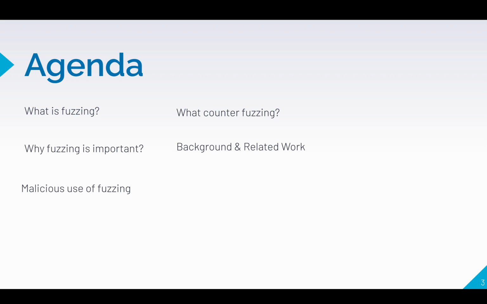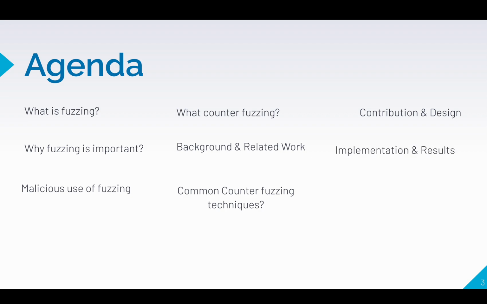First, we're gonna start with what fuzzing is and the definition of fuzzing, and then why fuzzing is important, and then what some malicious use cases of fuzzing are, and then we're gonna dive deeper into counter fuzzing and some background and related work regarding counter fuzzing techniques, and then we're gonna talk about some available architecture for counter fuzzing techniques, and then we're gonna present our contribution for the project and the design for that, and then some implementation details and results after running our experiment, and then summary, takeaways, and future plans that we aim to extend for the project.